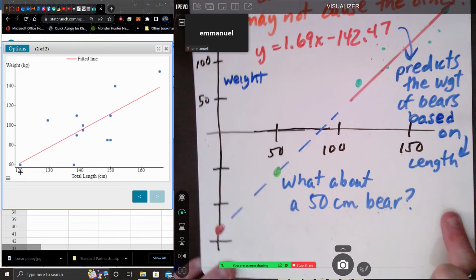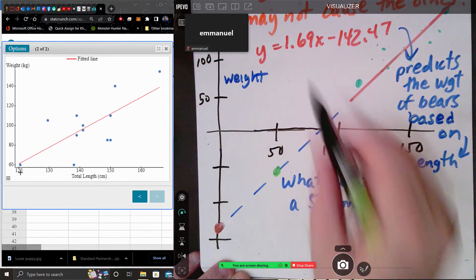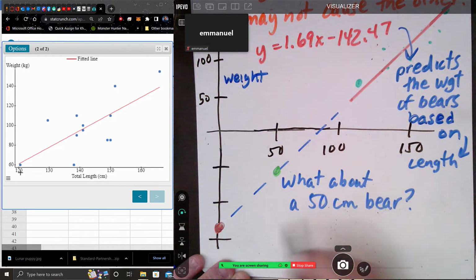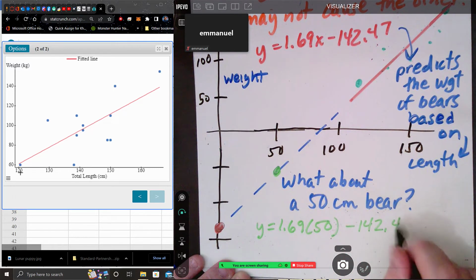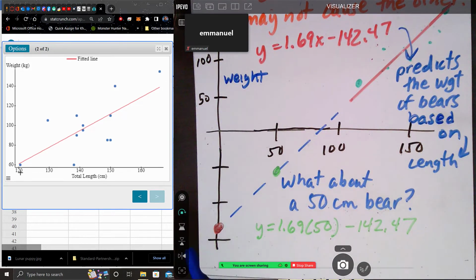In fact, we can see what it is if we plug it in right here. The formula predicts 1.69 times 50 minus 142.47. I'll get out my calculator.